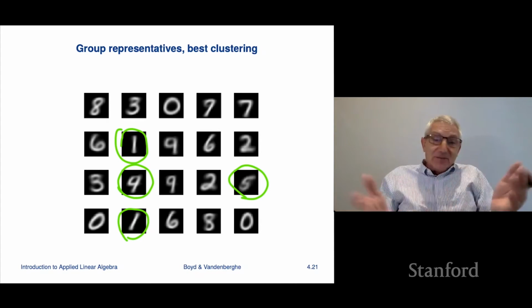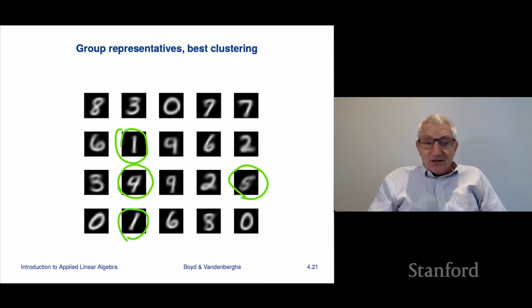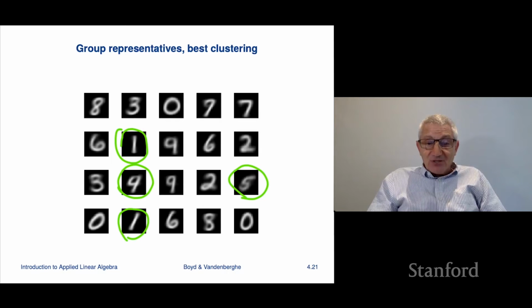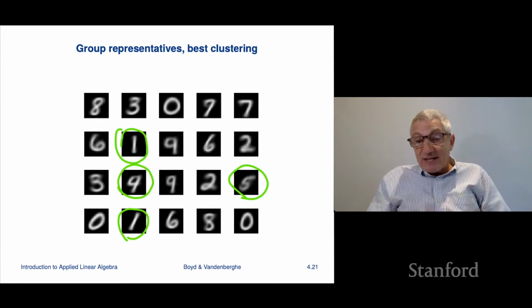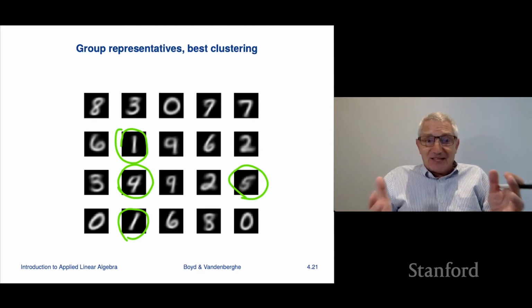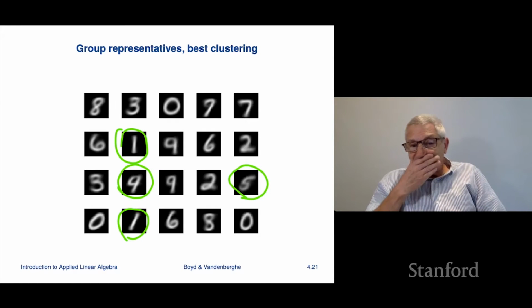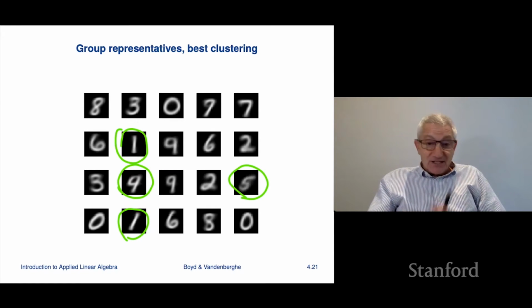But anyway, I just think it's kind of amazing here that it has actually, quote, figured out that there are these groups, well, here it had 20, but you can see that it kind of figured out that some of these are digits. Okay.